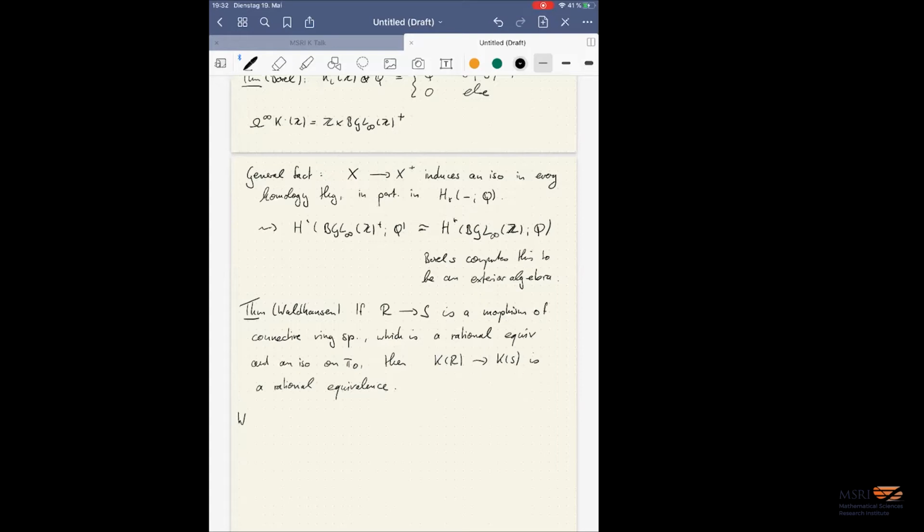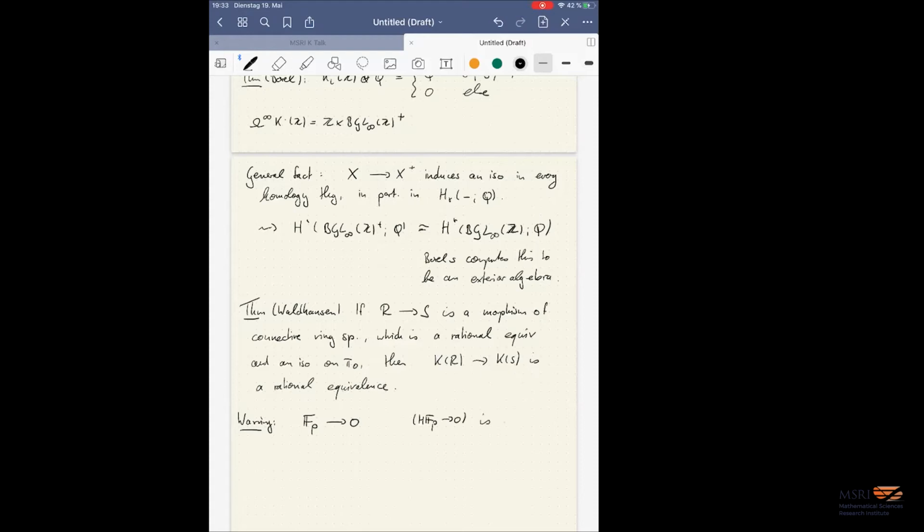So, warning, we can look at Fp to 0. I will have the habit of not distinguishing between a ring and its algebraic K-theory spectrum here, so you can also read this as HFp to 0.